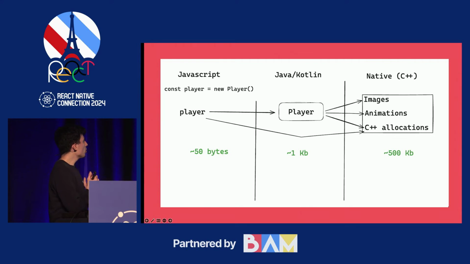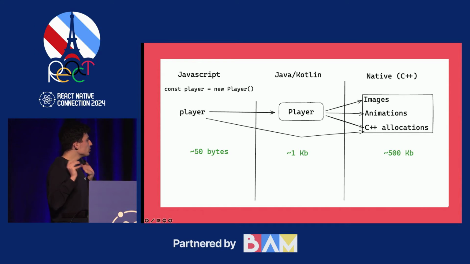So let's put numbers into it. Maybe your JavaScript object is very small because it's just a variable with almost nothing in it. But your Java code is a little larger because it has more code. And the native object can be a lot larger because it might include images, SVGs, like I said before.